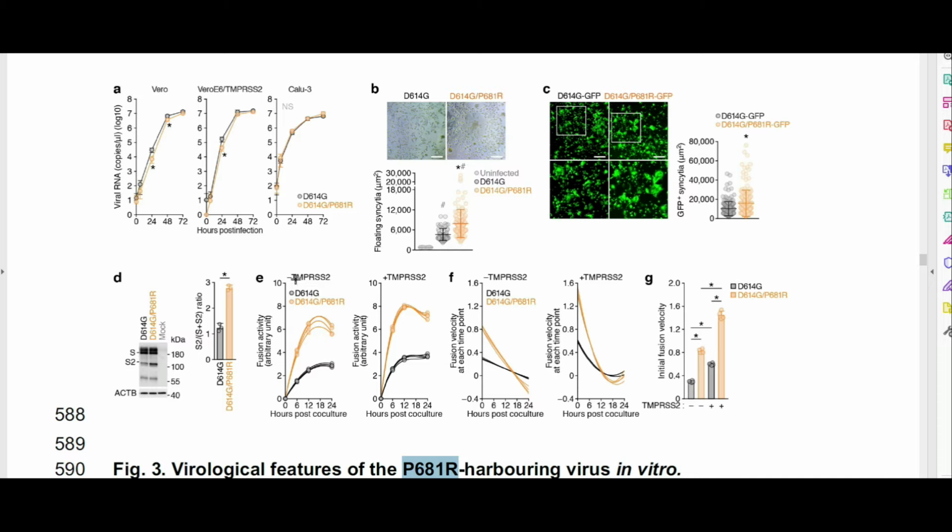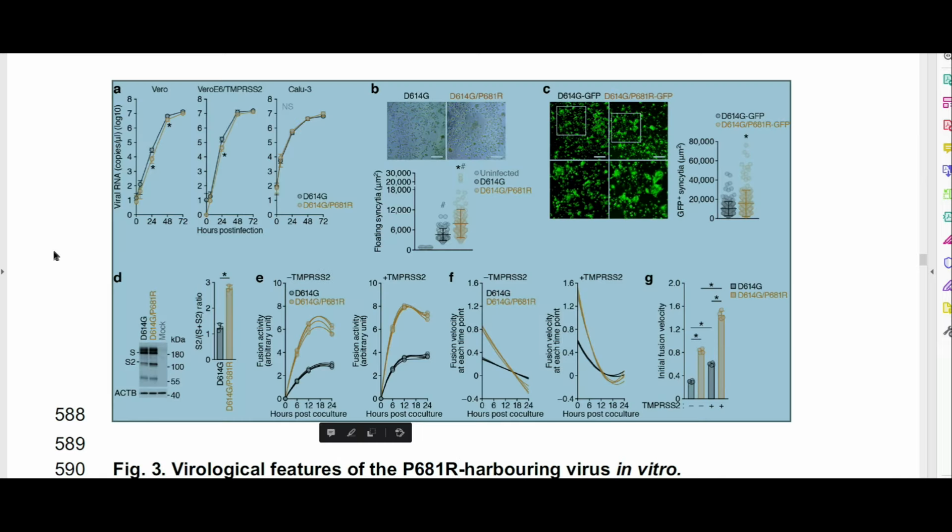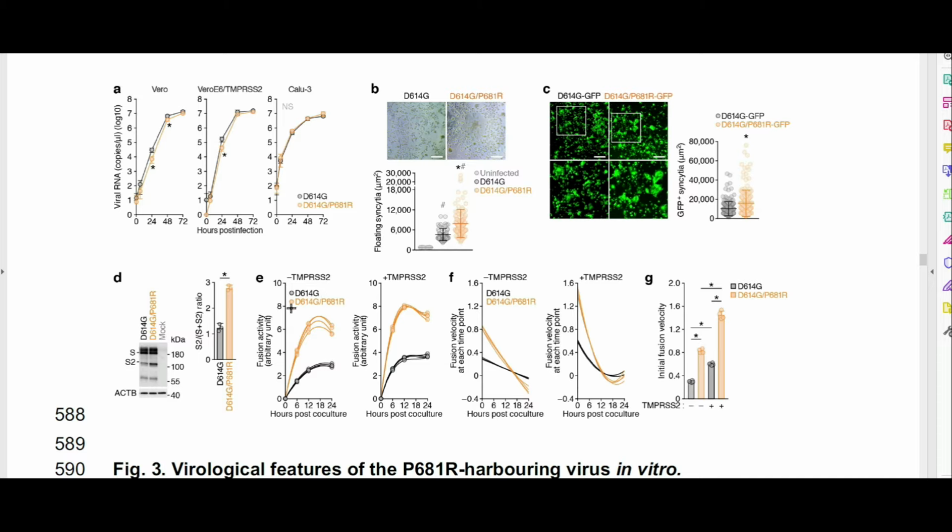And it's looking at it with minus this enzyme and plus this enzyme, which is one of the enzymes that actually cleaves the spike protein. And so this is showing, once again, that there's more infectivity in orange here when we add that P681R mutation that we find in the Delta variant.